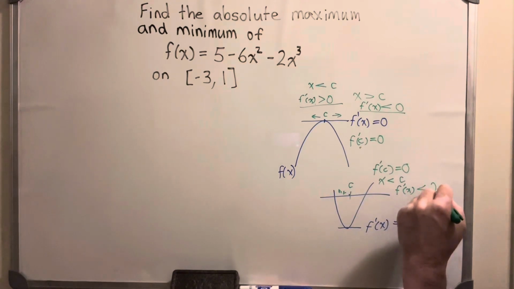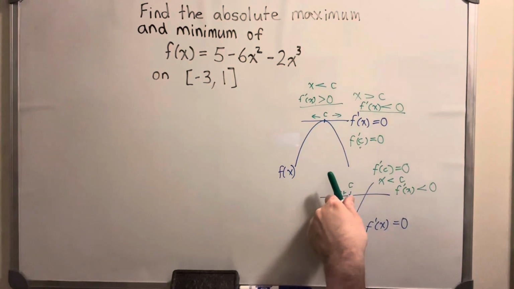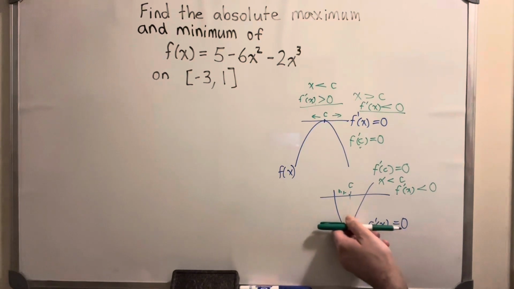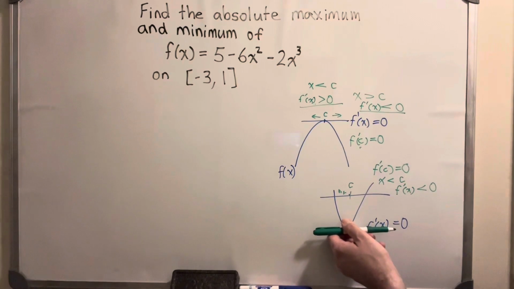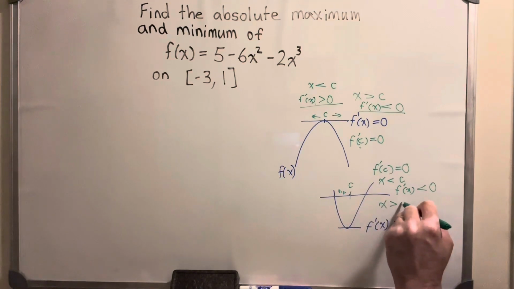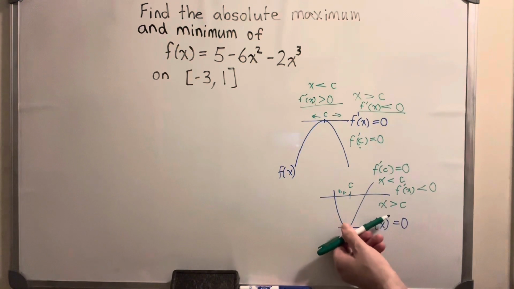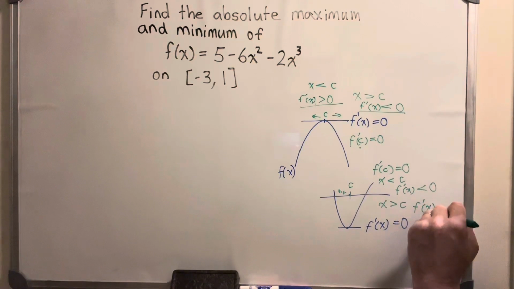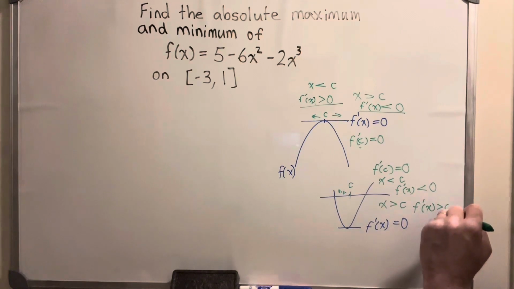Less than 0, because it's pointing downwards. Then it gets to its lowest possible point. The slope is 0 because the tangent is a horizontal line. And then for values of x greater than C, you're on your way up. So the value of the derivative is greater than 0.